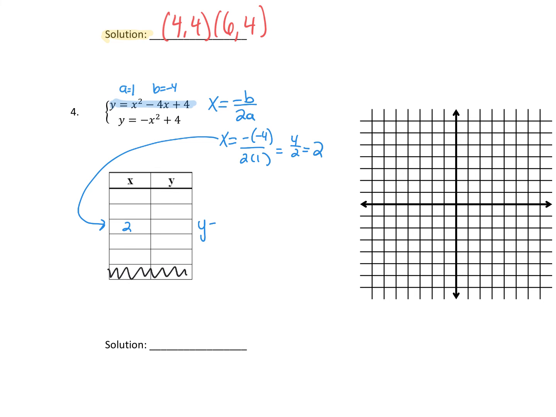Now I'm going to plug 2 back in, and I'm going to get 0. Then I want to build my table around that, and I'm going to plug each of those values into the equation. So to save time, I will just show you what you would get. All right, now let's plot these points: (0, 4), (1, 1), (2, 0), (3, 1), (4, 4).